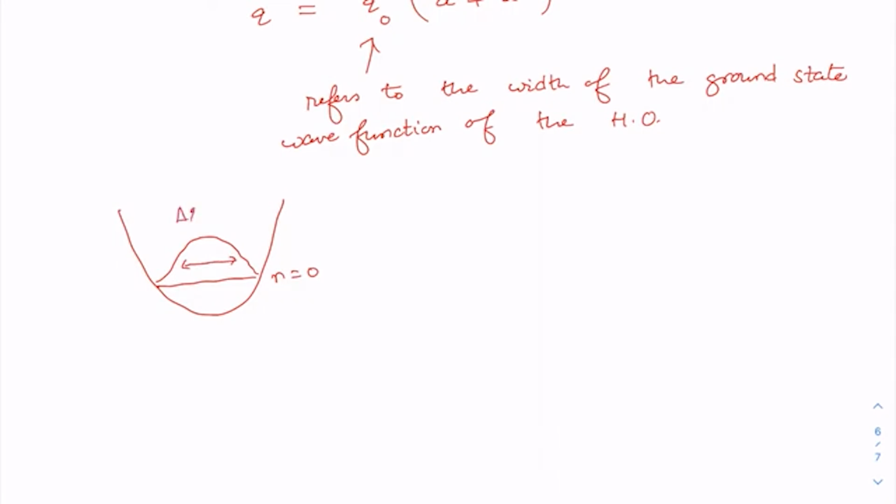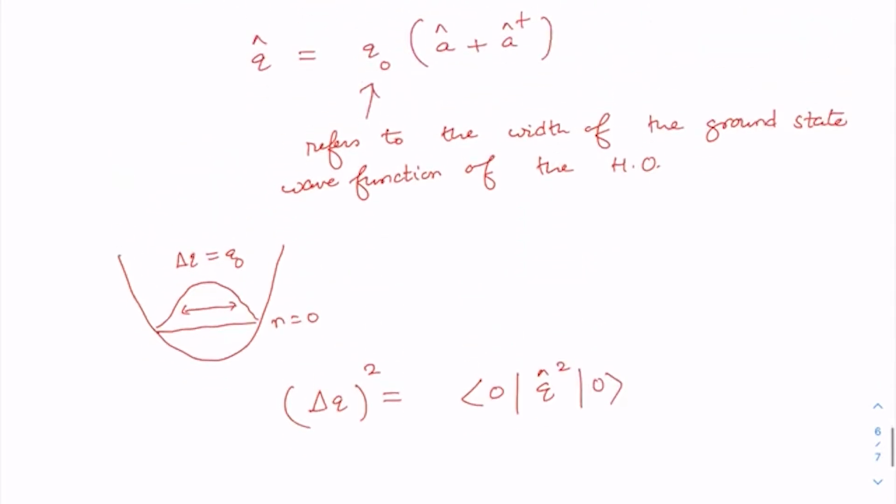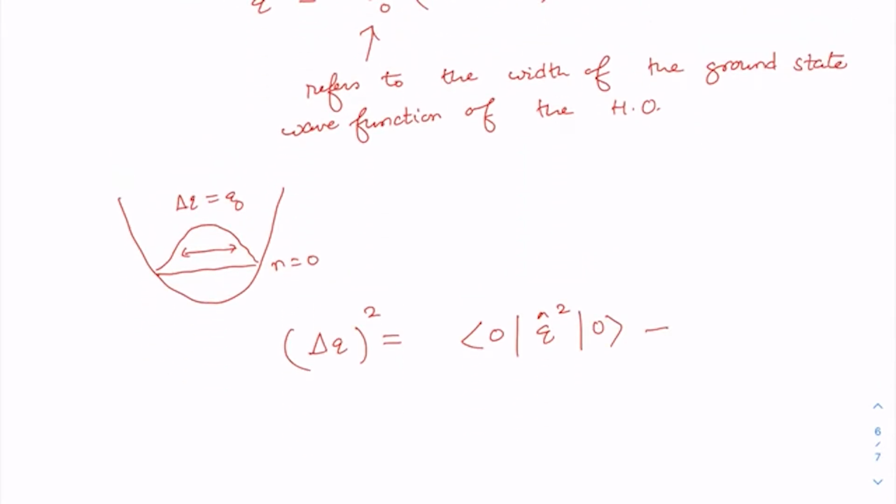So if you say the width is del q, if you work it out, you are going to get q0. You just have to calculate the standard deviation, or first the variance, with respect to the ground state, that is, expectation of q square minus expectation of q whole square.